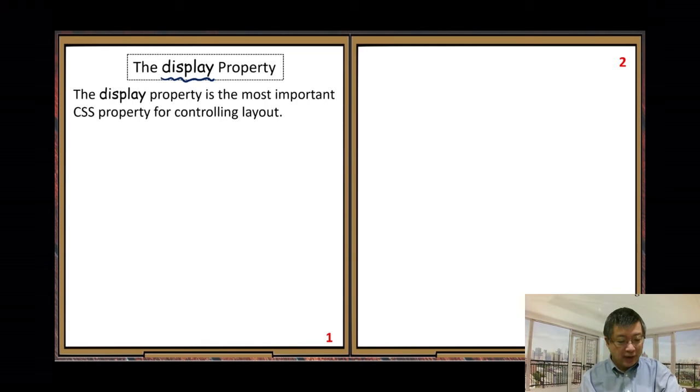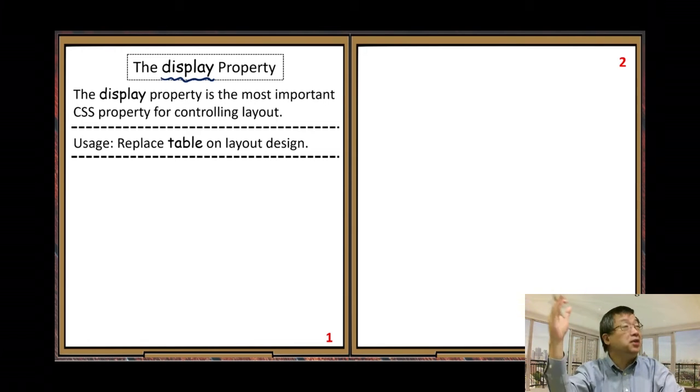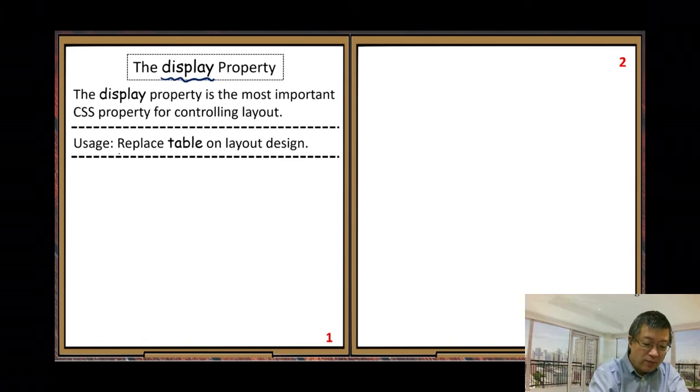All right. Usage. The main reason for using this property is to replace table in layout design. So why replace table?